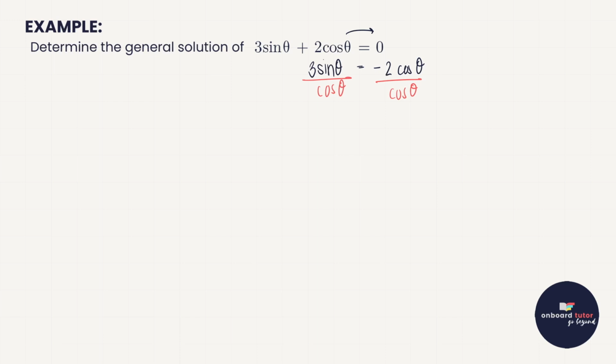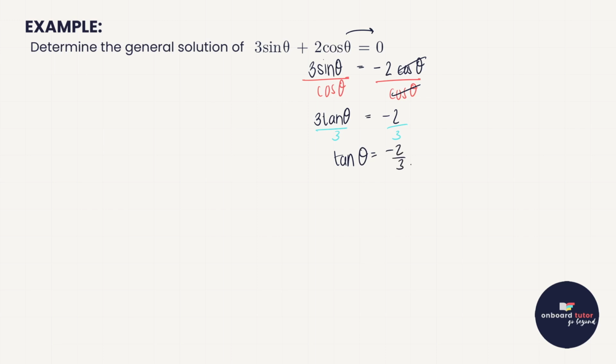We don't want to just throw away solutions, so always be very nervous to just divide, but in this case we are allowed. So this then becomes 3 tan theta equals minus 2, because cos and cos are going to cancel. Now let's divide both sides by 3, and so we end up with tan theta is equal to minus 2 over 3.